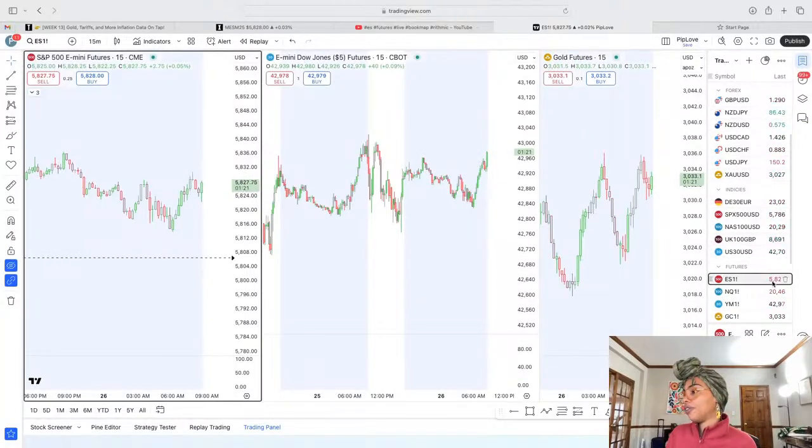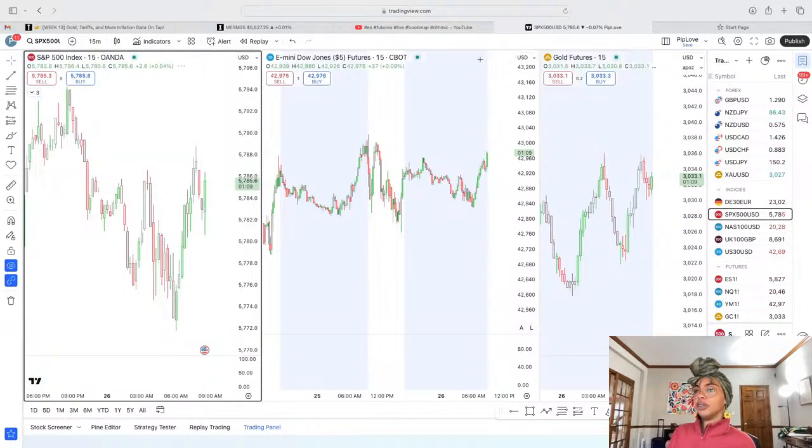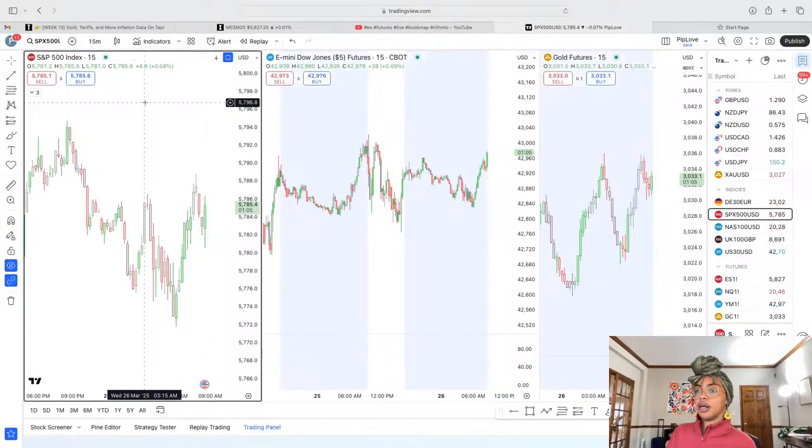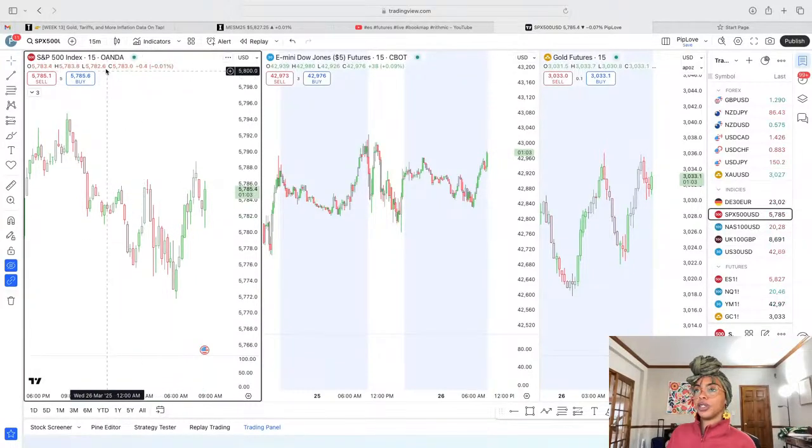So right now in futures, SPX E-mini futures is trading at 5,827. However, if we looked at Oanda, which is our U.S. regulated broker, or Forex.com, or any of those U.S. regulated brokers, we can see that for Oanda, SPX is trading at 5,785.6.